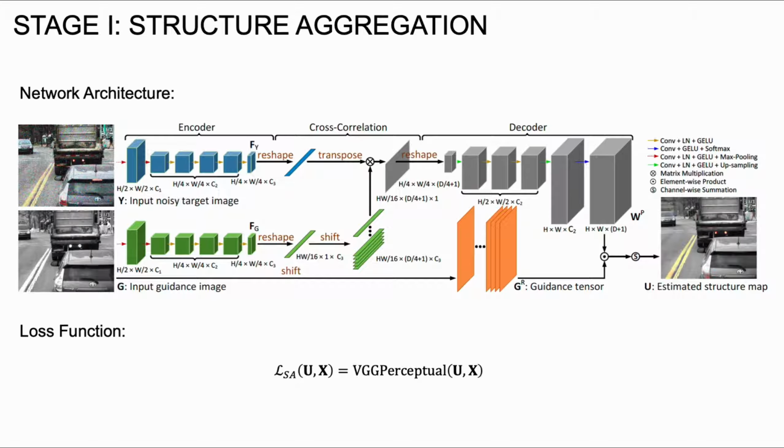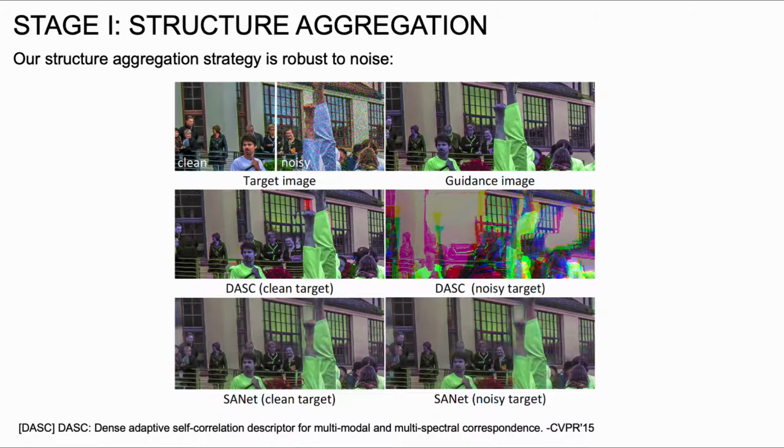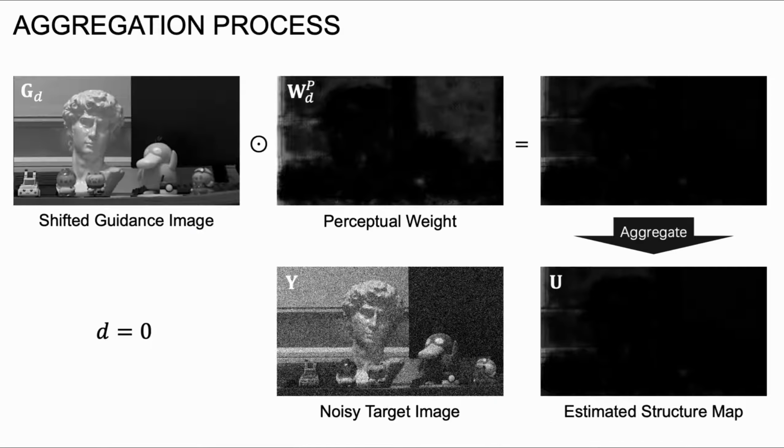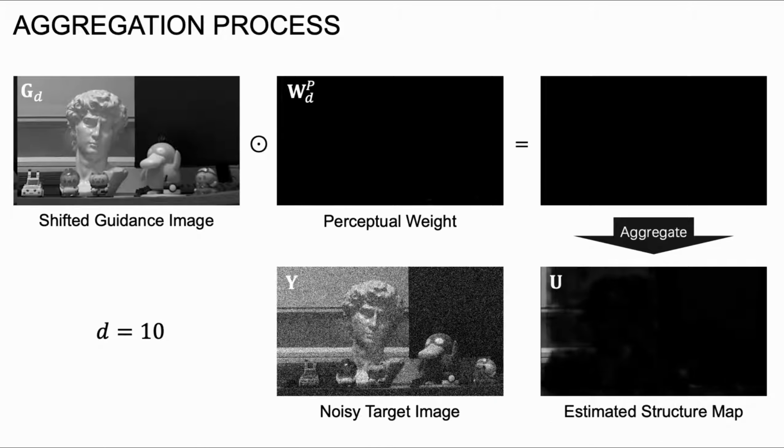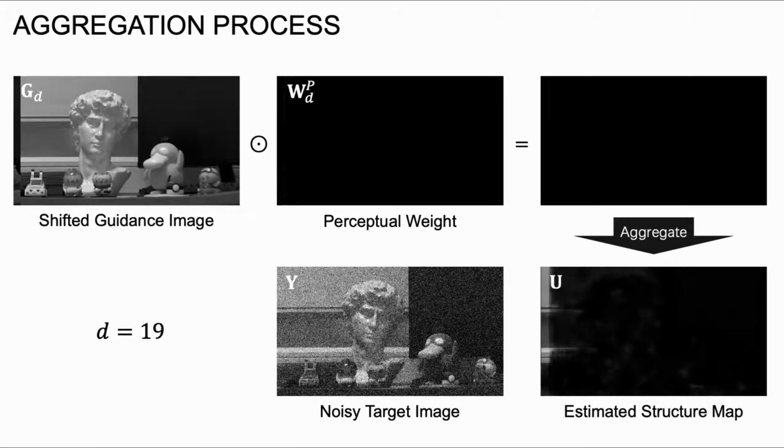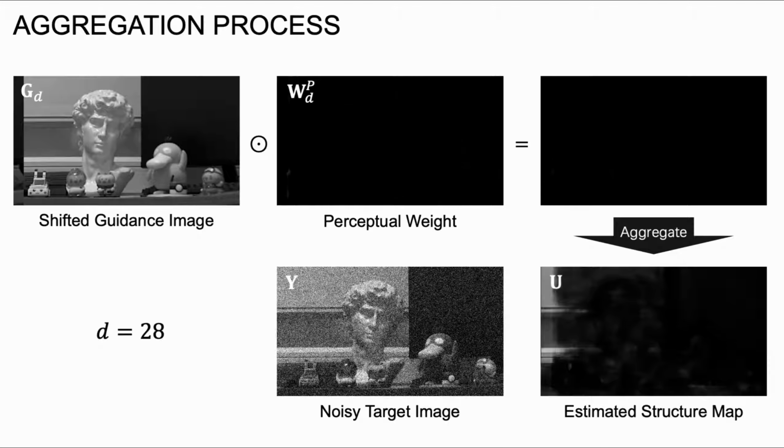The structure aggregation module is trained by minimizing the perceptual difference between the ground truth target and the estimated structure map. Compared to cross-modal stereo matching methods such as the DASC-based one, our structure aggregation strategy shows high robustness to noise. Now, let's take a look at the aggregation process.